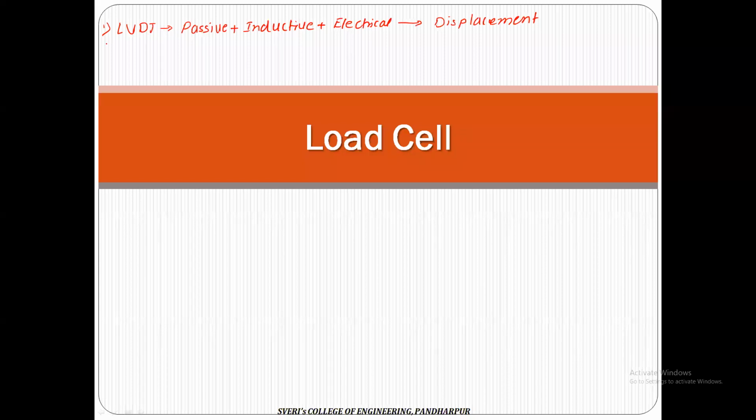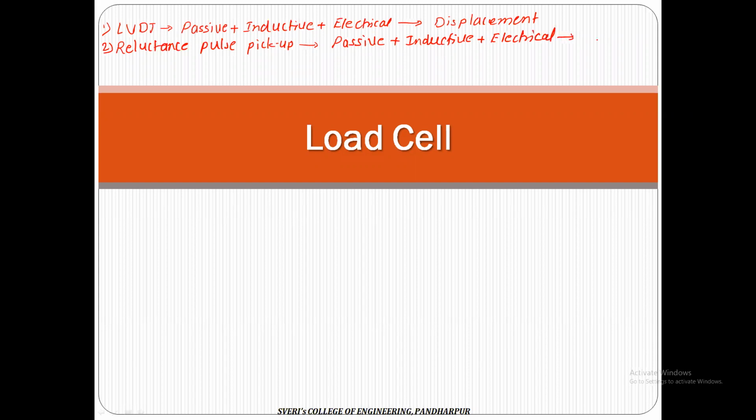Is it right? Then the second one we discussed is the reluctance pulse pickup. Pickup is another name of the transducer. This is also a passive, inductive, electrical type of transducer, and it is also used for the measurement of displacement.